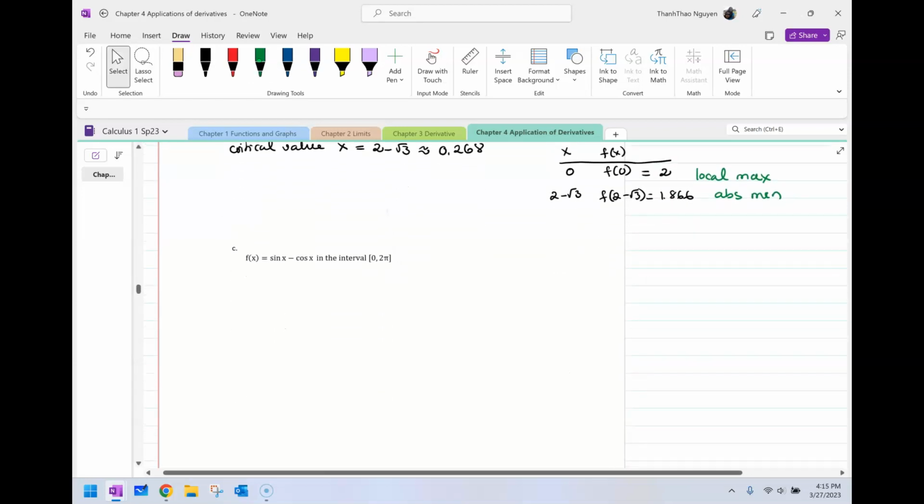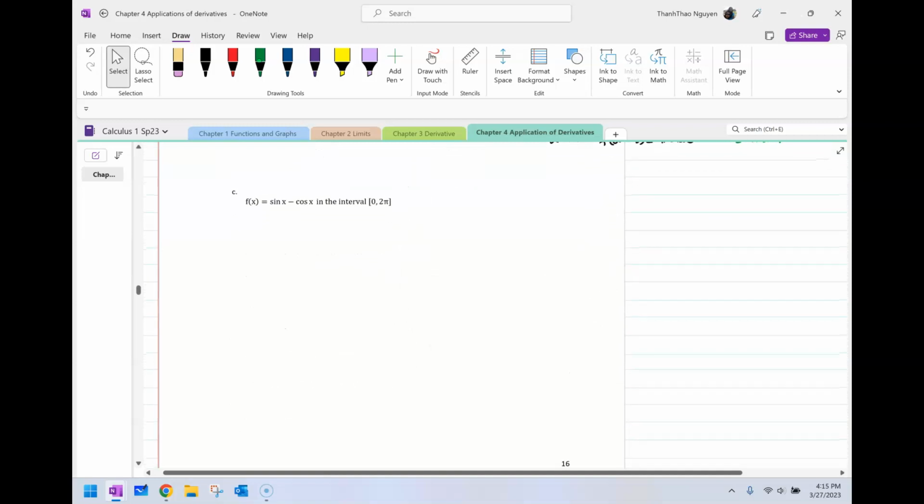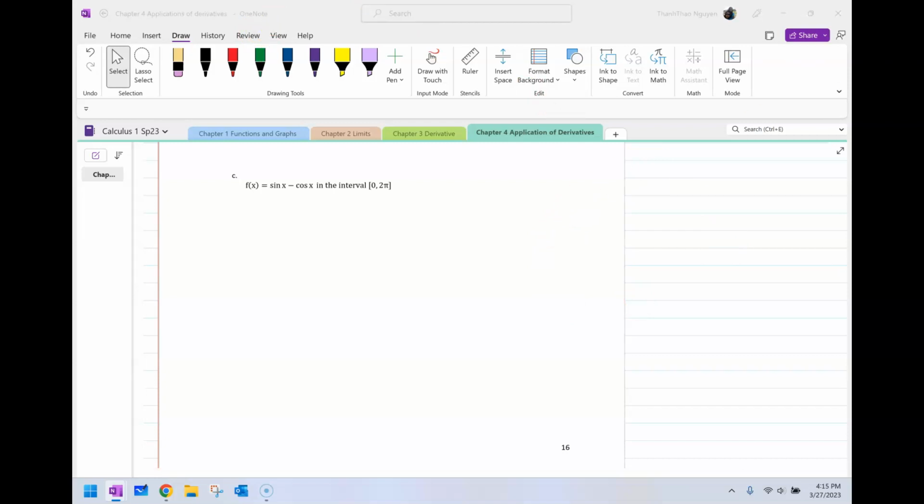Let's consider the function f(x) equals sine of x minus cosine of x on the interval from 0 to 2 pi. Now I will leave you to do this problem on your own.